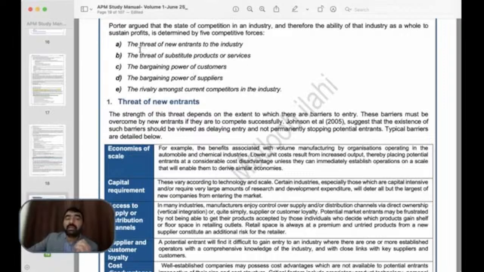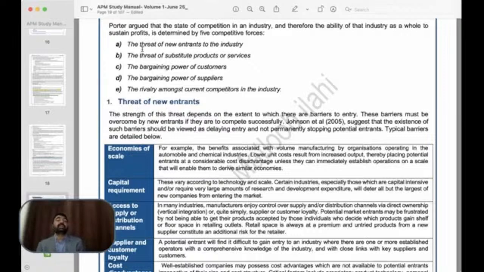If there are high barriers to entry, this threat will be low. But if there are low barriers, any business can enter the market and start competing. So the competition level will be high and this threat will be high too.